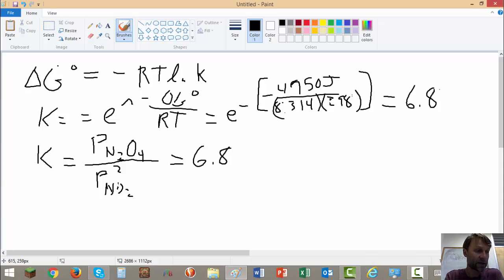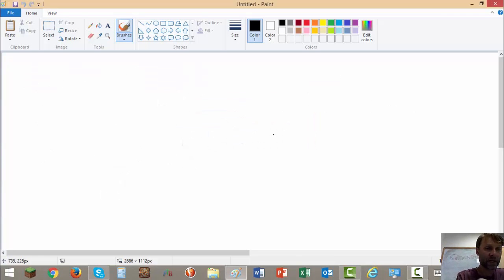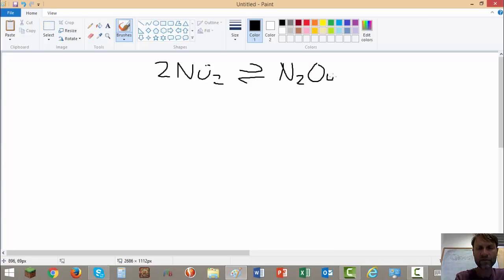Now we can go ahead and calculate the equilibrium partial pressures of N2O4 and NO2 by setting up an ICE table. So the first thing we do is write our equilibrium: 2NO2 is in equilibrium with N2O4, and we write ICE, and we're assuming initial partial pressures of 1 atmosphere.